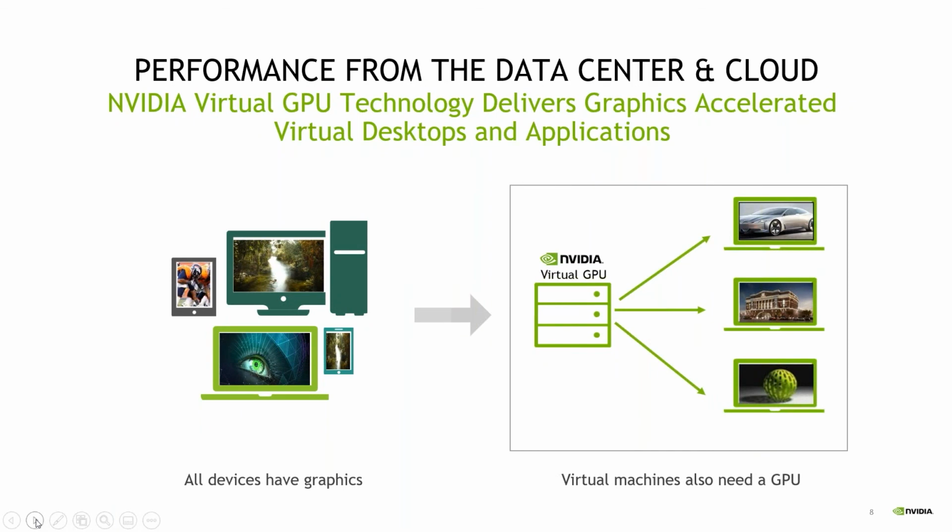So, the performance from the data center and of course the cloud, we've mentioned the cloud a few times this morning. Those solutions have been around for a long time, but often the end user experience has not been the greatest in the world. Users are used to having a physical device with a GPU inside. You buy any kind of PC or workstation, and that comes with a GPU inside. But then when they became virtualized, at one point there was no GPU at all in the server, and when Nvidia came along with GRID technology, we introduced the means of delivering GPU capability onto those virtual desktops as well.